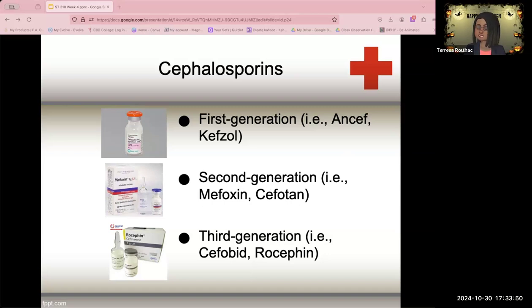We also have our third generation, Rocephin, Cefobid, used in treating healthcare associated infections and for patients with more complicated infections. There are 5 generations of cephalosporins, each with a distinct characteristic, so I encourage you to look at table 5.4 because it breaks down each generation and their specific uses.